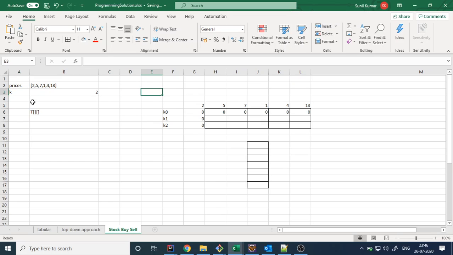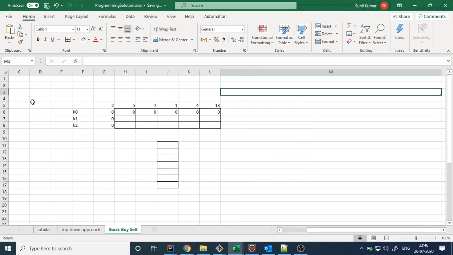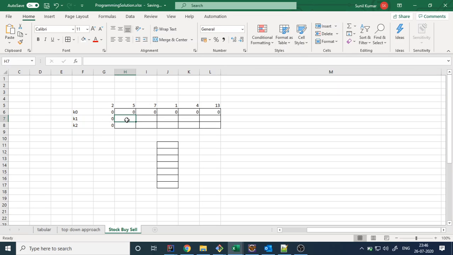Now one by one, I will check what the profit is. I will start from the first transaction, basically k equals 1. If you see this position, this is the profit matrix, right?